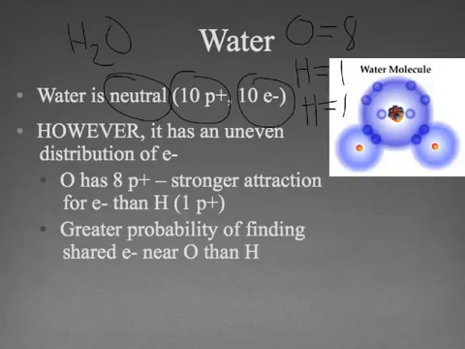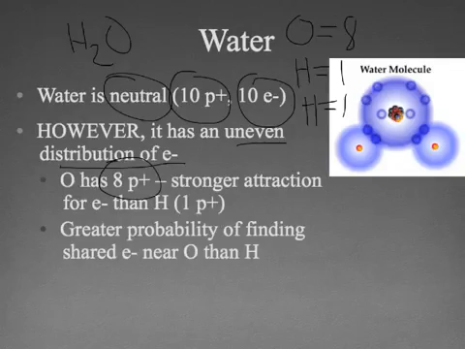However, that charge is not distributed equally. The electrons in those bonds are closer to the oxygen than they are to the hydrogens. You might wonder, why is it closer to the oxygen? Why don't the electrons hang out closer to the hydrogens? That's because oxygen has 8 protons. If you're an electron, you're negatively charged, and you're going to be really attracted to protons because they're positively charged and opposites attract.